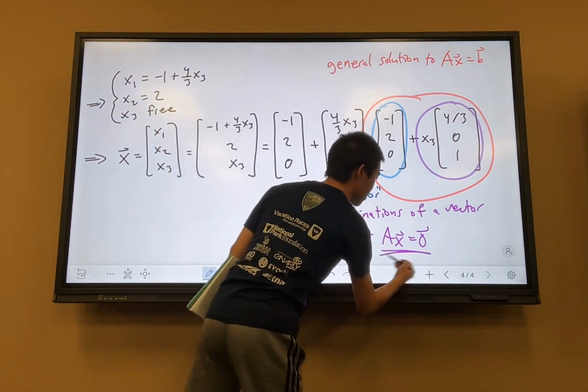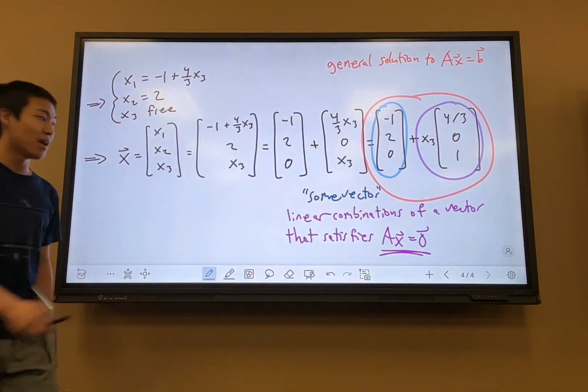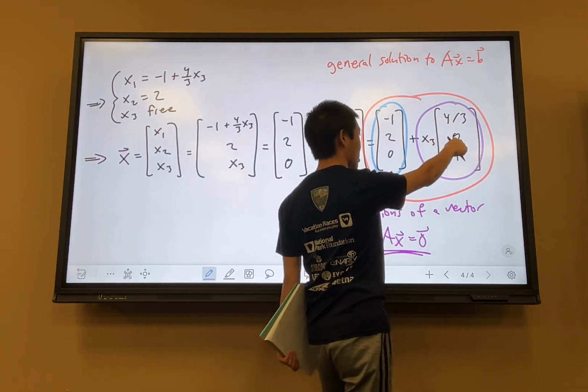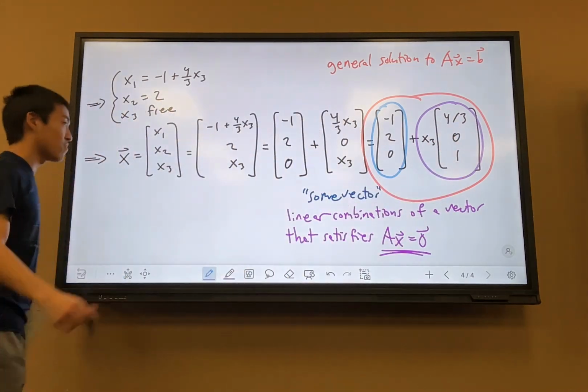Earlier we solved this problem equivalently for this, and when we did that, we got this solution, 4, 3, 0, 1, and then all linear combinations of that.